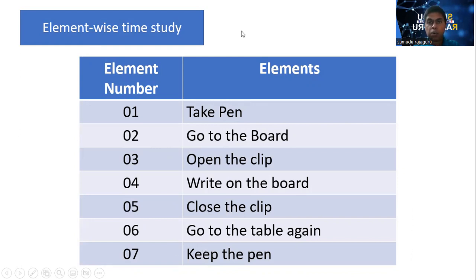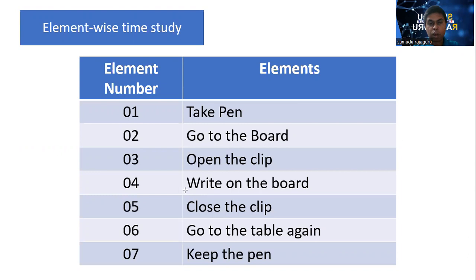Now we have to understand which is the value adding element. According to these elements, by considering the definition, the customer requires us to write on the board. That is the only thing the customer requires. Here, there is no composition change, no nature change, no shape change, so we consider only the customer requirement.